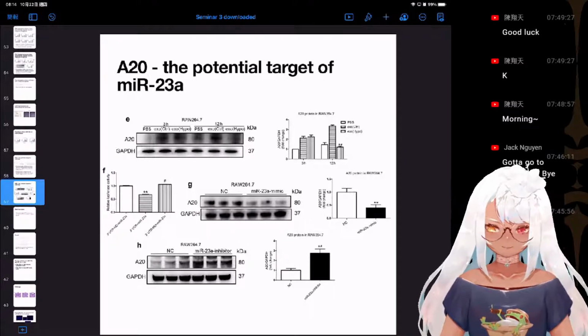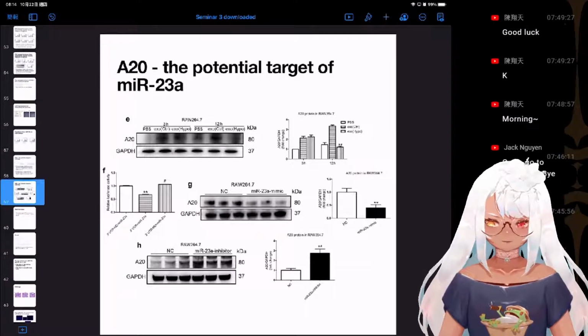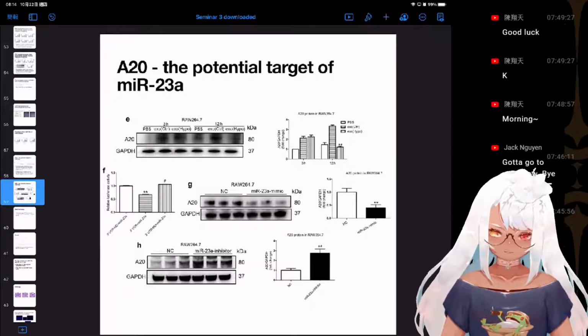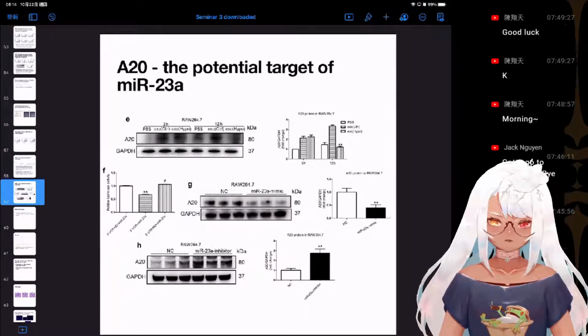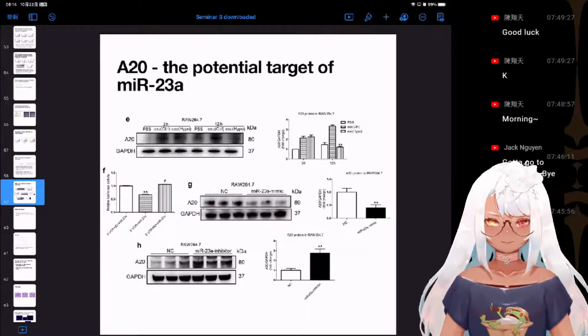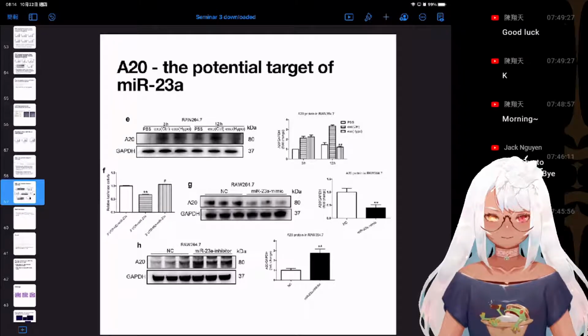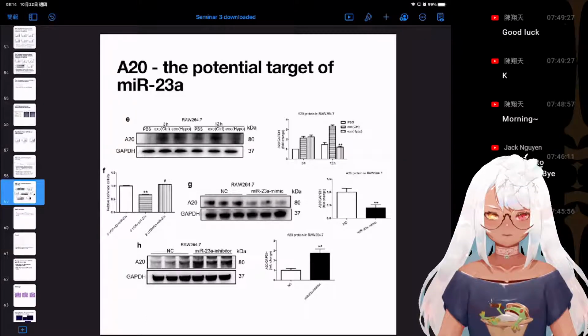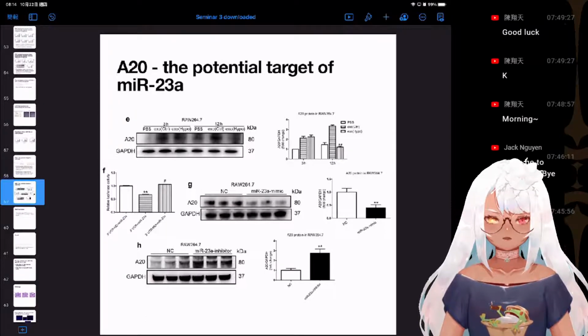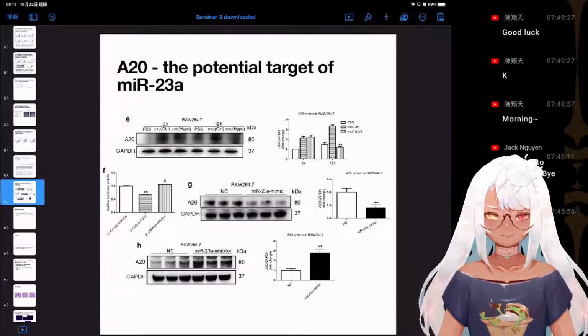using gain of function and loss of function, we can confirm that in gain of function, A20 expression level are inhibited, and in loss of function, the level of A20 were increased in these mice macrophage.